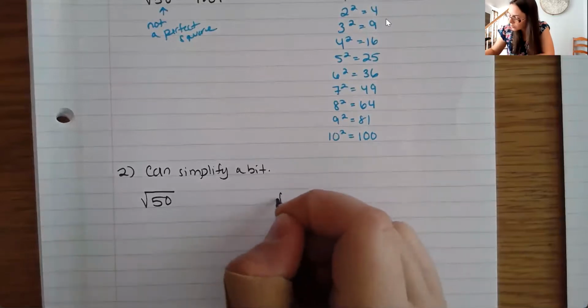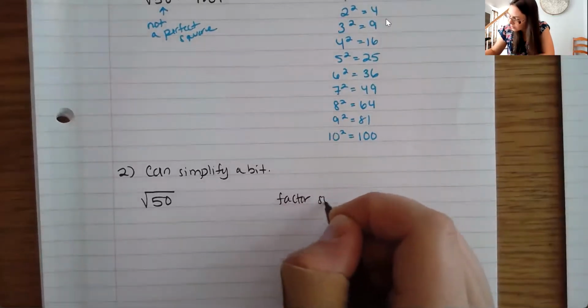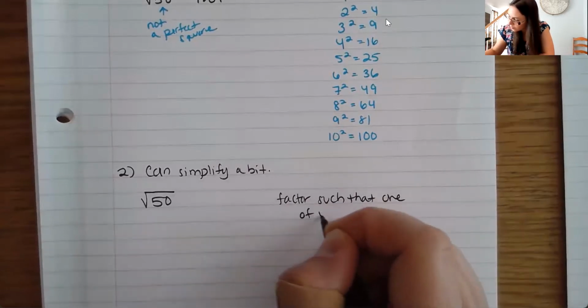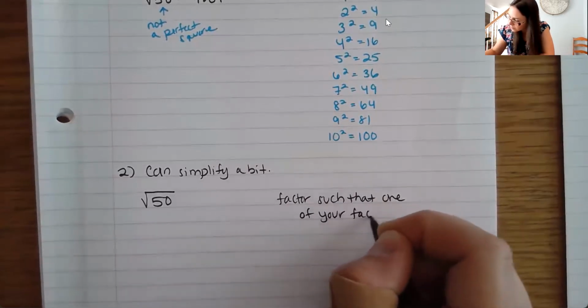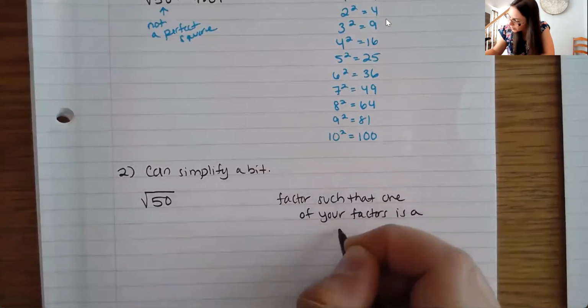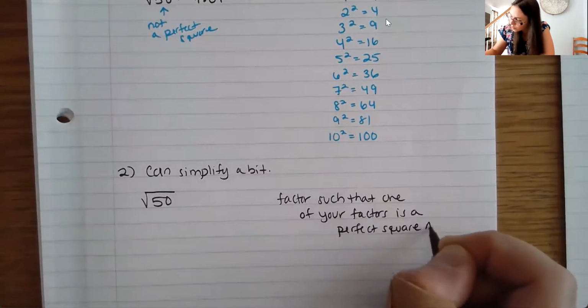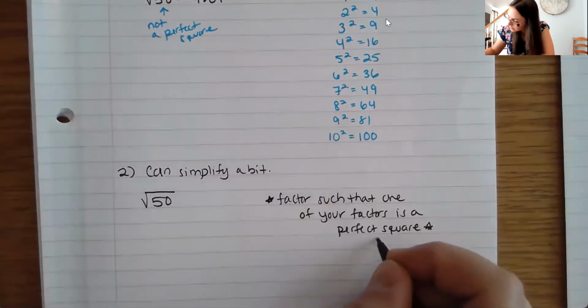So what you try to do is you factor such that one of your factors is a perfect square. And you want to find the highest perfect square you can, ideally.